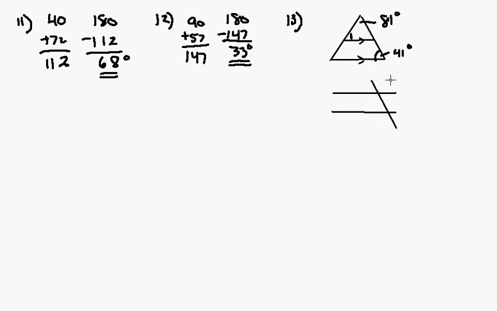Alright, so we have this angle being 41 degrees. Well, guess what? This is a corresponding angle that's also going to be 41. So this angle right here is also 41 degrees.